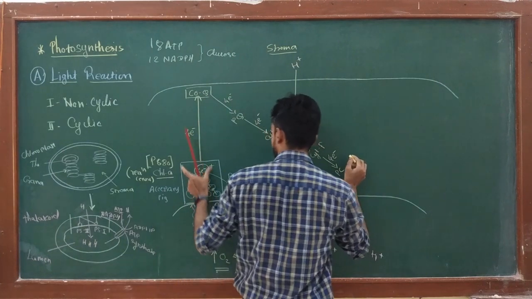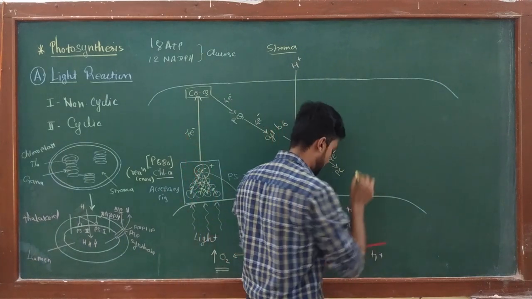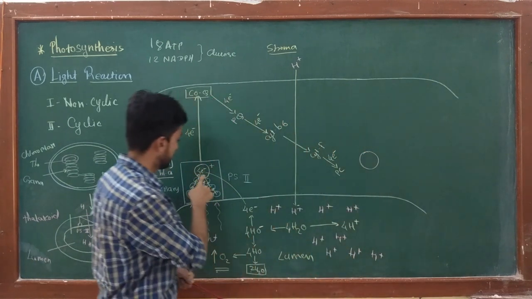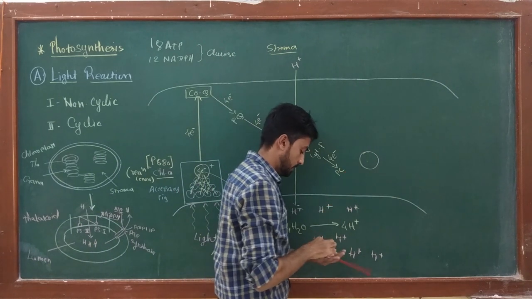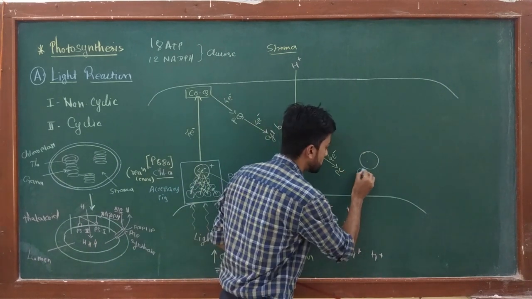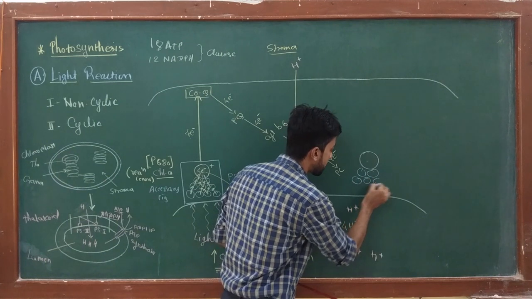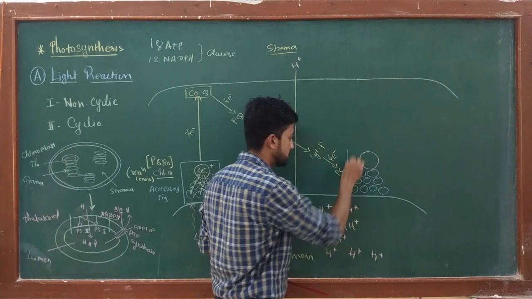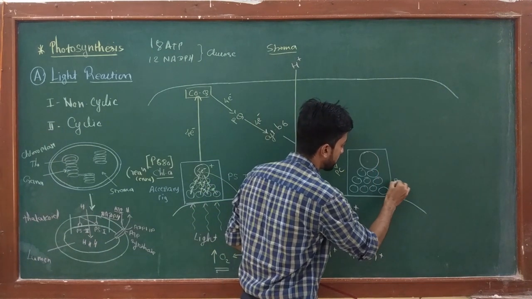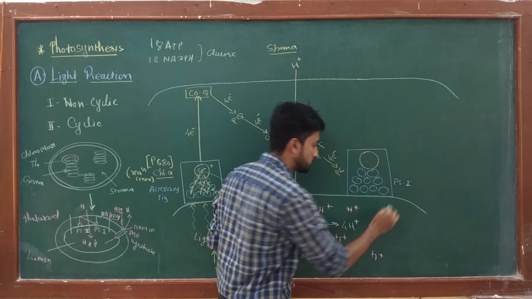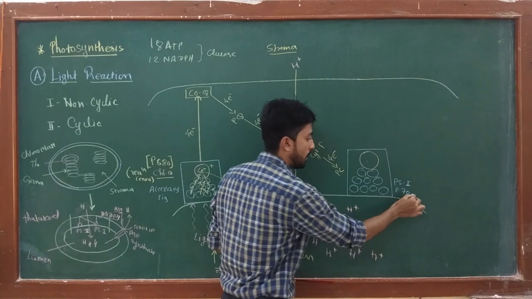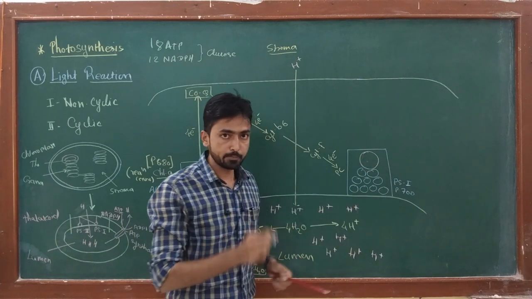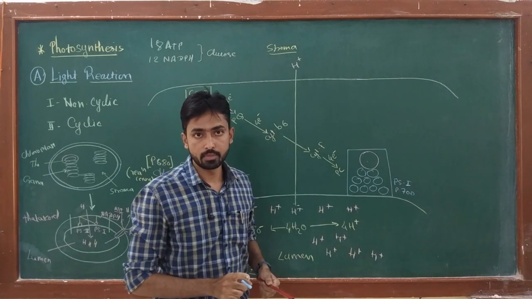This photosystem is also similar to photosystem 2, having a reaction center which contains chlorophyll, then accessory pigment molecules. Okay, this is photosystem 1, also called P700. Why is it called P700? Because the reaction center of photosystem 1 absorbs light of wavelength 700 nanometer.